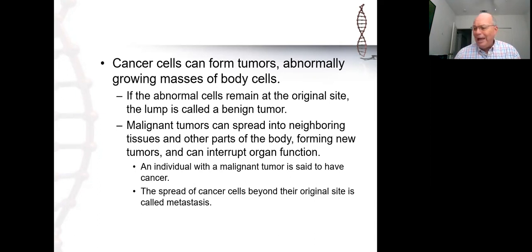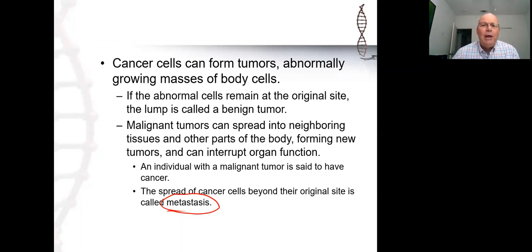The process is called metastasis. We say that the cancer has metastasized. And so when these cancer cells move to this new location and form a new tumor and start growing, that's when it becomes malignant, and that's when we say you have cancer.